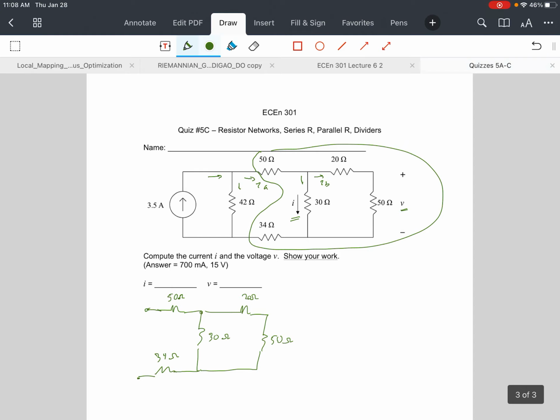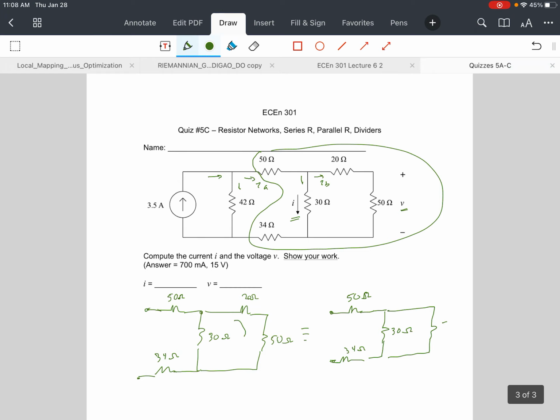We see that in this case, these two are in series. So this is equivalent to a 50 ohm resistor, a 30 ohm resistor, and a 34 ohm resistor, and then these two resistances out here are in series.